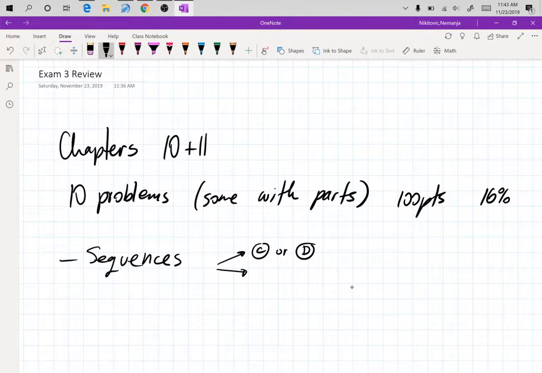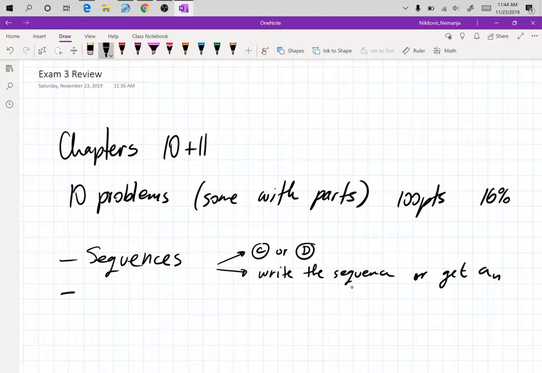Or write the sequence, or get a_n if the sequence is given. Remember when I gave you the sequence and you were breaking your head in class to figure out what it compresses into? So yeah, that good stuff. That's the hardest thing so far, to compress them. As the homeworks go, if they just give you a bunch of numbers, finding how to compress it, that's like the hardest thing.